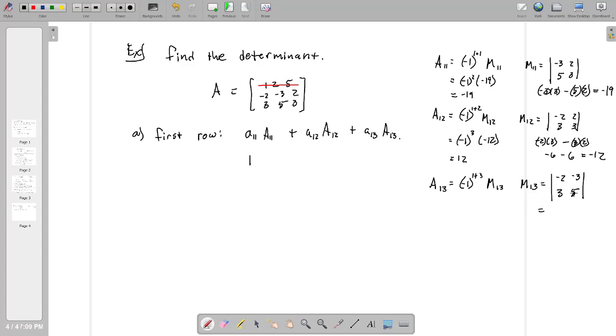That will be negative 2 times 5, which is negative 10, and minus 3 times negative 3, which is negative 9. So we have negative 10 plus 9, which is negative 1. We end up with negative 1 to the fourth power, which is positive 1, times negative 1.